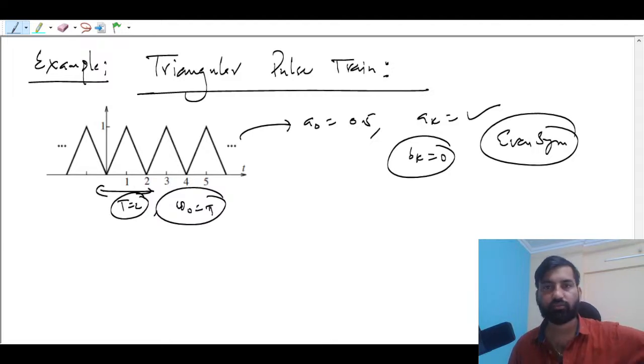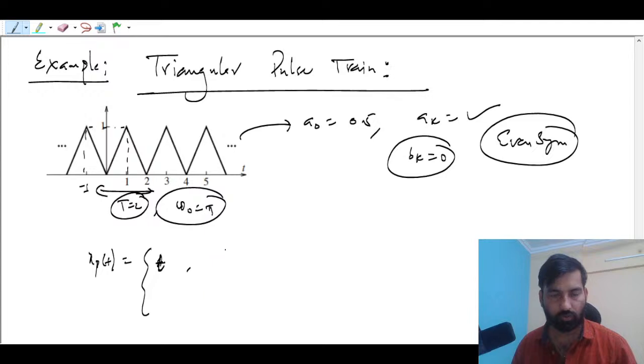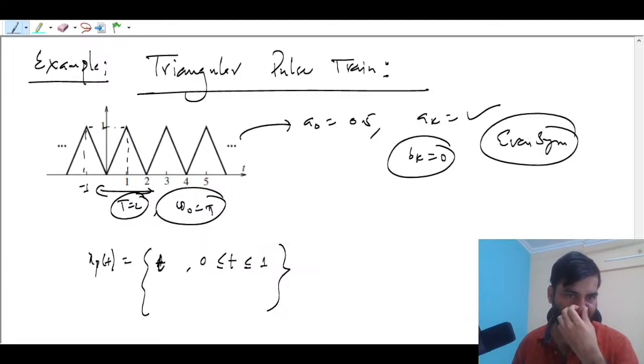If you look at, so what I told you, you have to always take the symmetric limit, right? So at 1, at -1, okay, it is even because amplitude is same here, right? So you can say x(t) is 1 - t, ये line का equation for t lying between 0 to 1. बस आपको इंडिकेट कर देना है यहाँ पर. इंडिकेट कैसे करेंगे?